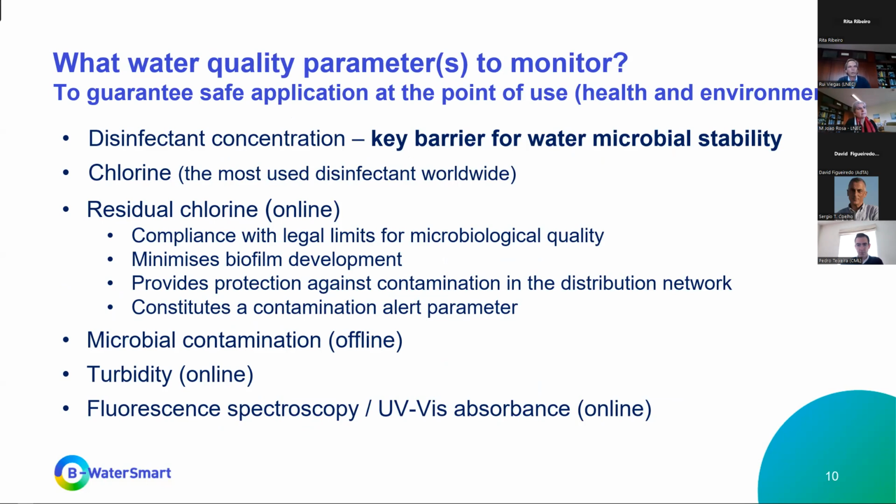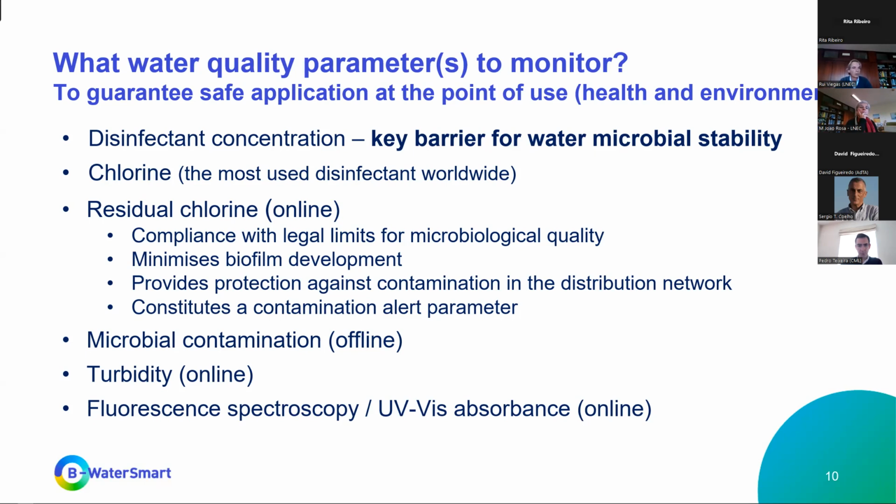And the most used disinfectant worldwide is the residual chlorine, which can be monitored online and can be used for compliance with legal limits from microbiological quality, as it minimizes biofilm development, it provides protection against contamination in distribution network, and it also constitutes a contamination alert parameter. If, for example, there is a sudden decay of chlorine in the distribution system that is alerted, it is possible to know that contamination occurs in the distribution networks.